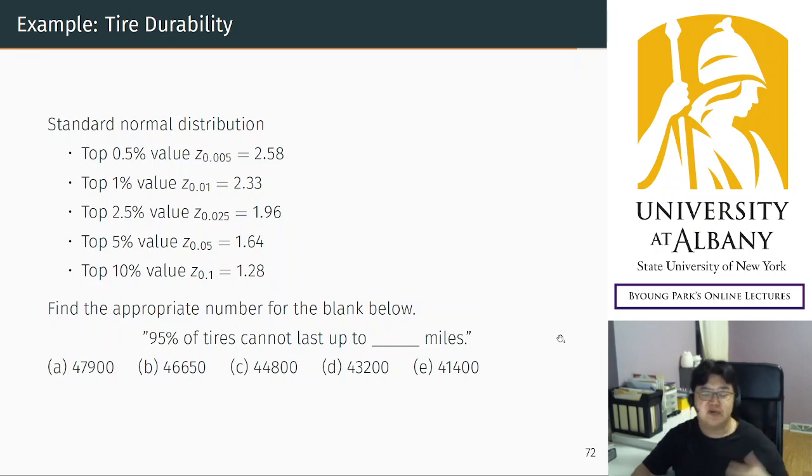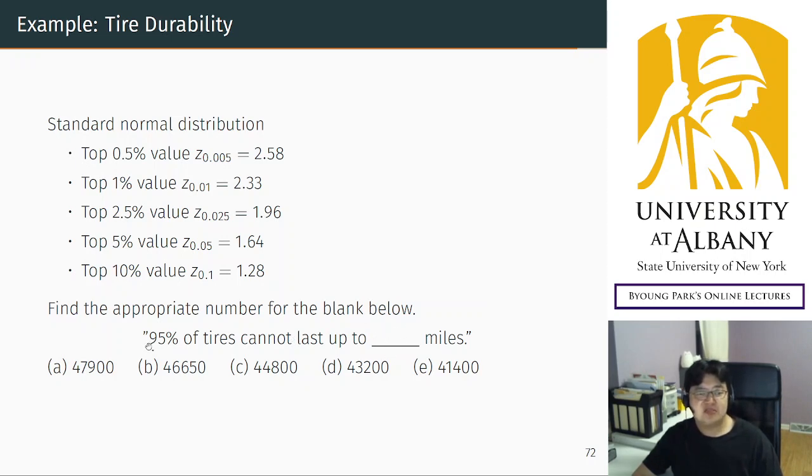Say, for example, in your manual for safety, you may need to say something like this: 95% of tires cannot last up to this miles. So do not drive more than this much miles. For example, if you want to say something like that, you have to find the number coming up here.